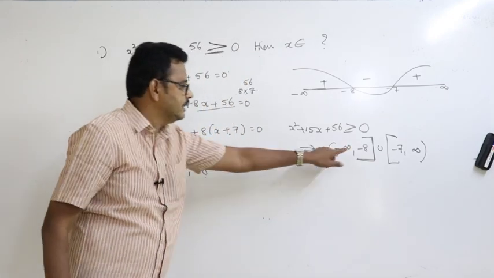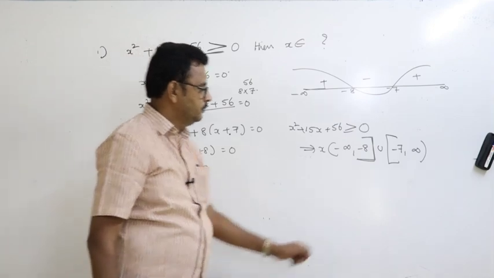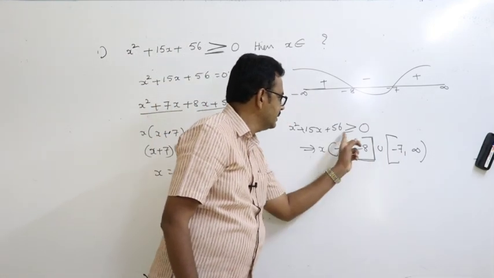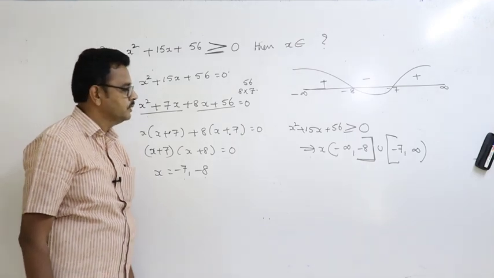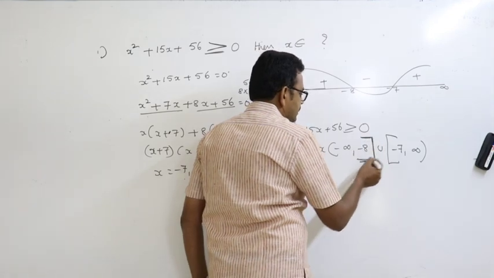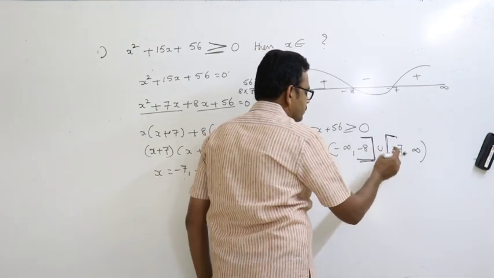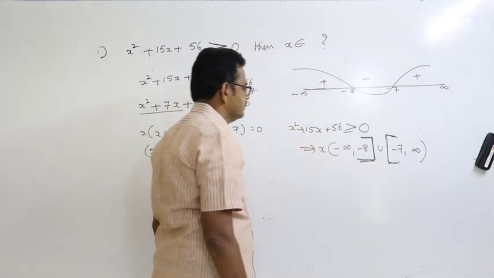If you write x equal to minus 8, you will get 0. If you write x equal to minus 7, again you will get 0. So for this you can write a closed interval on this side, including minus 7. Don't write an open interval.